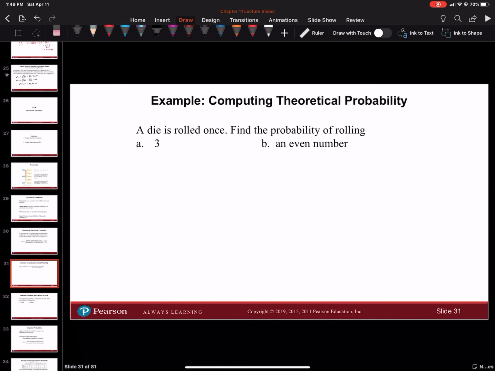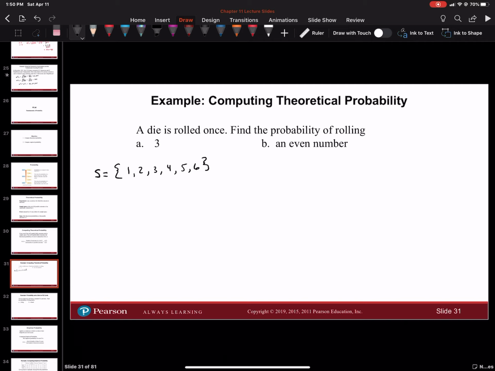It says a die is rolled once. Find the probability of rolling a 3. So first we need to figure out what our actual sample space is. Our sample space is denoted by S. On a die you have what? 6 sides. So you can roll 1, 2, 3, 4, 5, or 6.